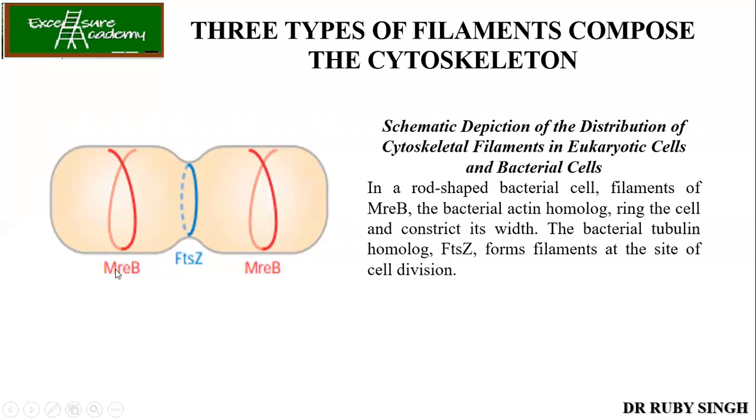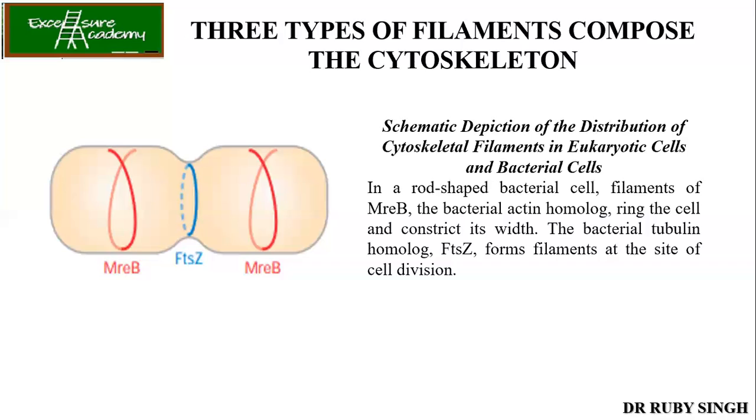Now, if the MreB protein is present, it means the bacterium is going to have a rod shape. If it is absent, then it is going to have a spherical or cocci shape, as in the case of Staphylococcus. For example, rod-shaped bacteria like Bacillus or E. coli express MreB proteins.